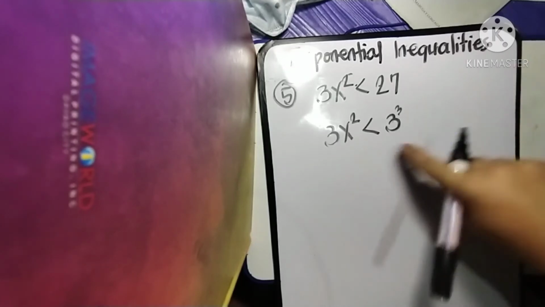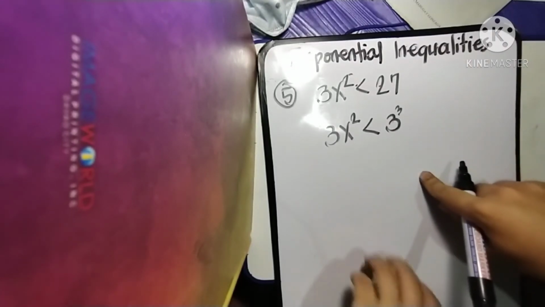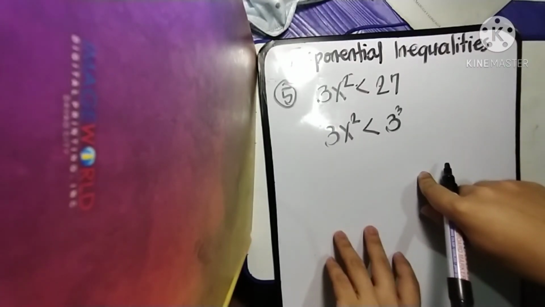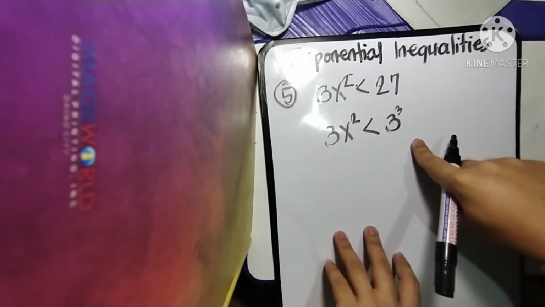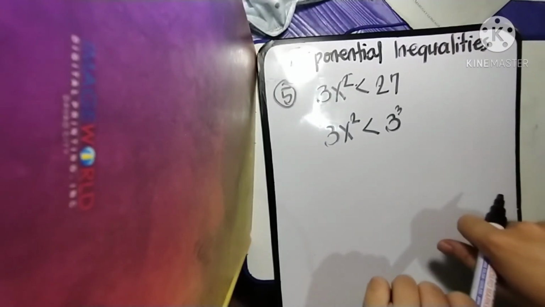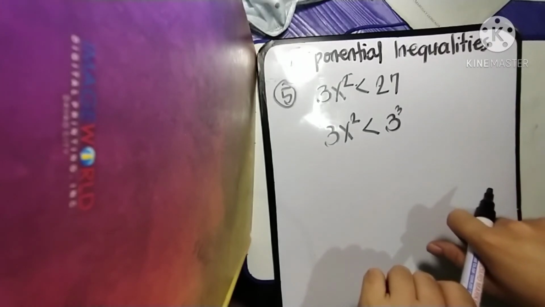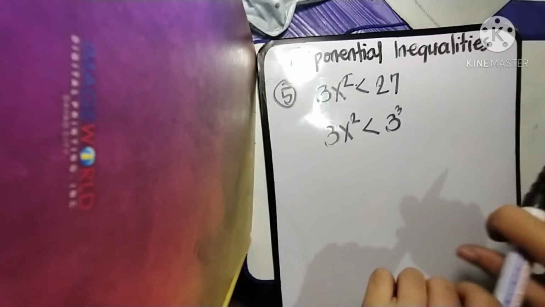Okay, so pareha nag-base. Then, divide both side by, so pwede rin nato siya pareha ang base. Then, bring down the exponents.